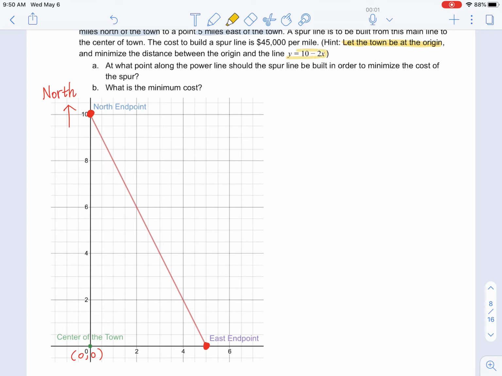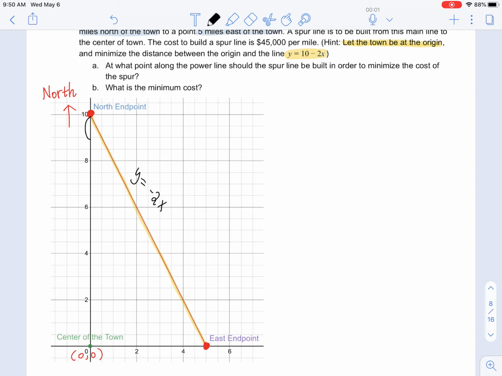And that power line has an equation of y equals 10 minus 2x. Take a look and see why. You do know how to write an equation of a line given 2 points. This line has a slope of -2, right?